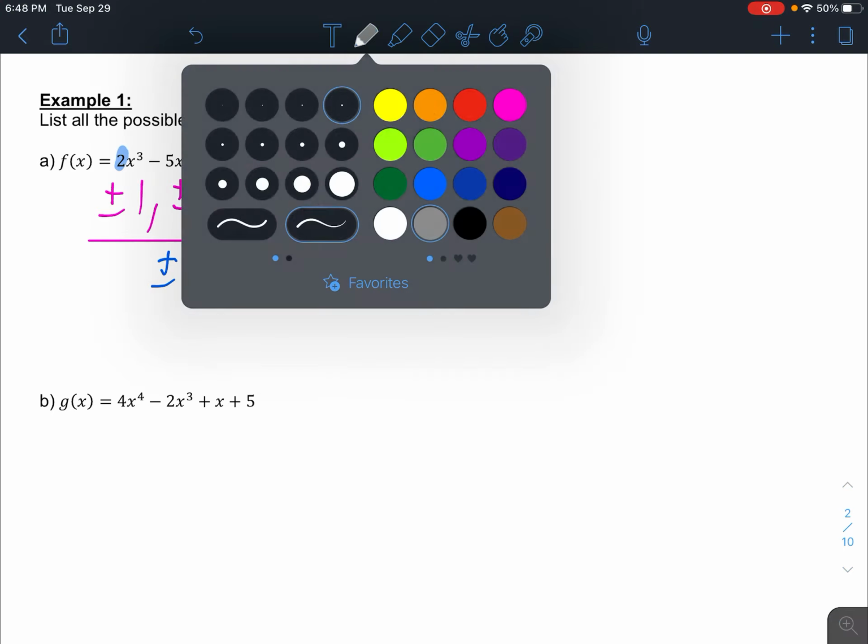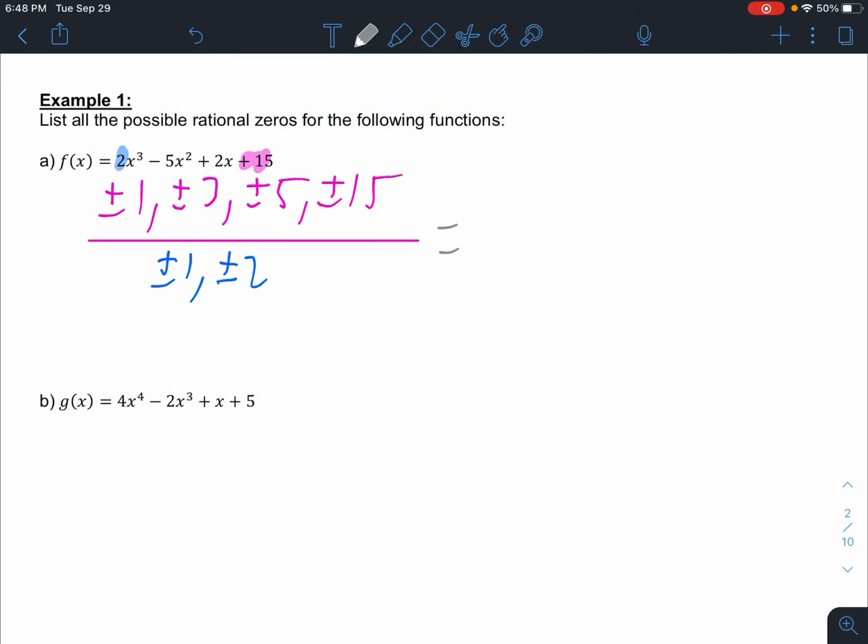To sum that up, all of our possibilities will be all the numerator over all the denominator. So 1 over 1, 3 over 1, 5 over 1, 15 over 1, but also 1 over 2, 3 over 2, 5 over 2, and 15 over 2. So we have a total of 16 possible rational zeros.